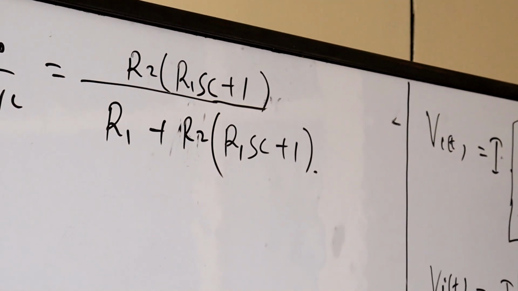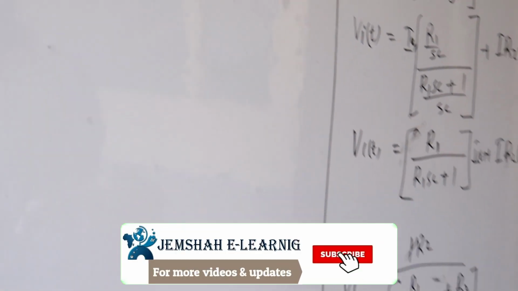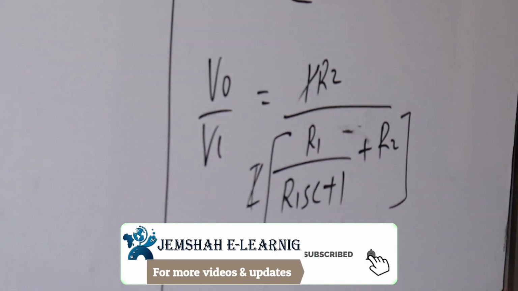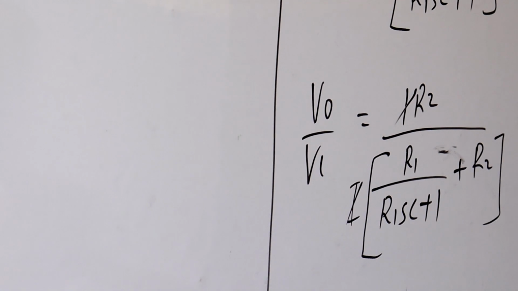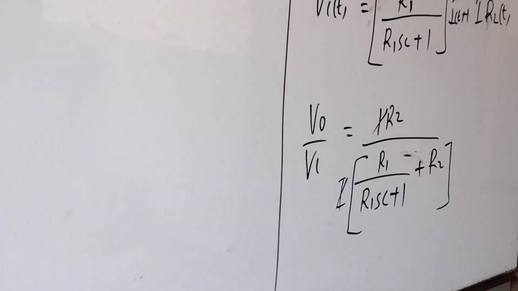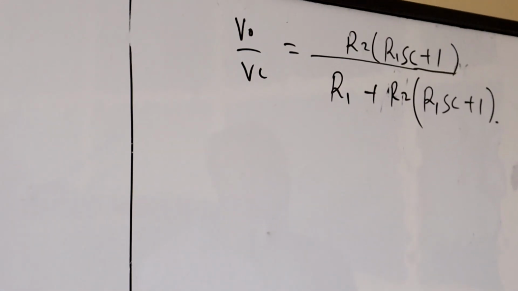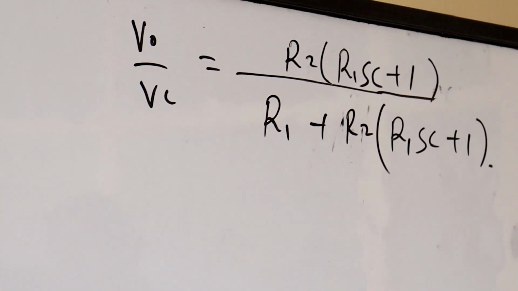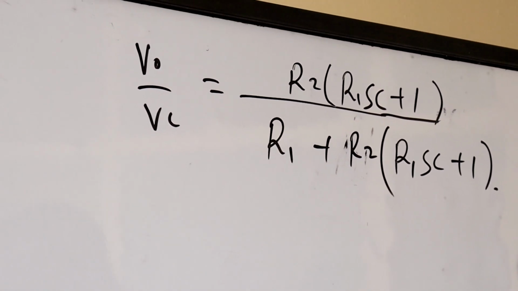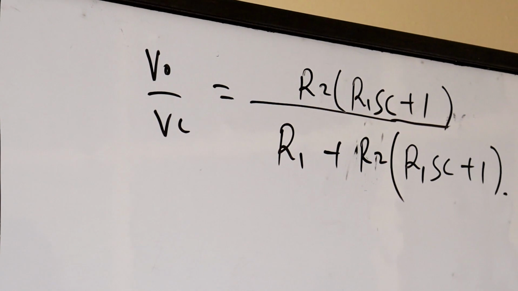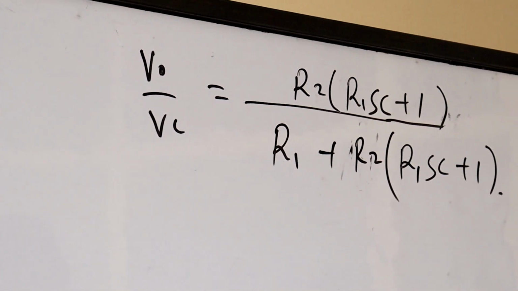So this one you can still have it in such a way that you can expand it, and then that is now what we have as the transfer function. With that you already have the transfer function, but now you are told to express it in terms of alpha, as 1 plus S tau all over 1 plus alpha S tau.